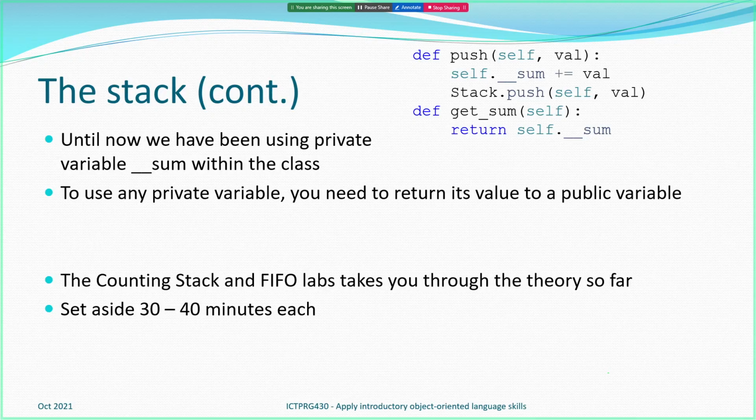We then have the ability to manipulate the values that have been generated within the class by using getSum, which is a public method that we can use outside of the class. We can then manipulate those values later in other functions.